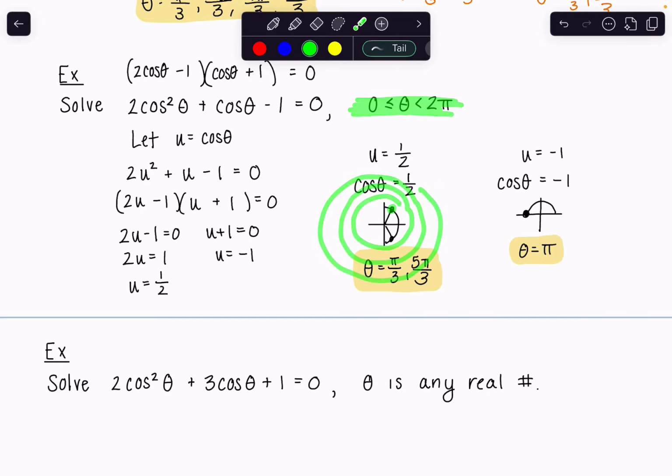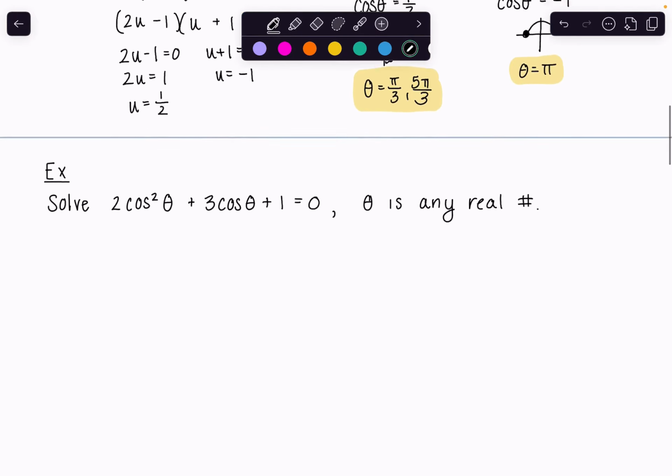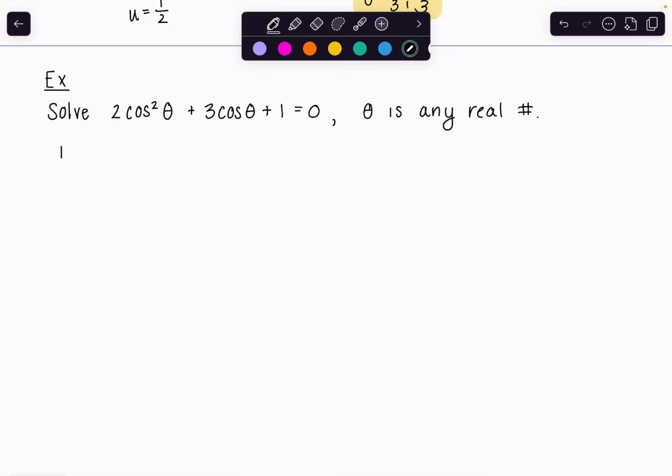So if I go forward or backward a revolution. So here, because there are no restrictions on theta, we can have an infinite number of solutions.